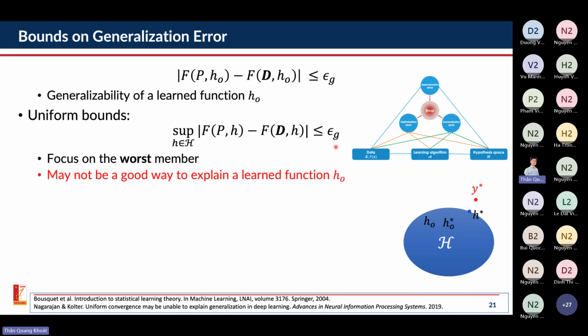But one thing is, when we focus on the worst member, sometimes it can be very bad, right? So in that case, this quantity may not reflect the quality of our trained model, right? It might be very different from our trained model. So this kind of analysis is sometimes useless.